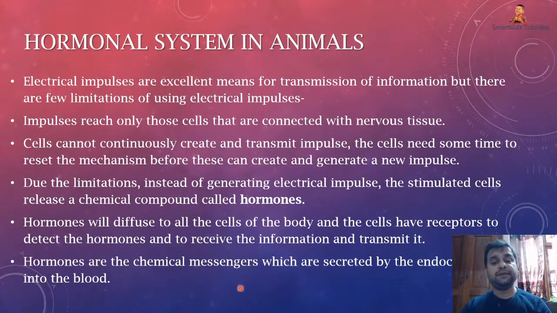So hormones are the chemical messengers which are secreted by the endocrine system into the blood. All these organs or tissues which secrete different types of hormones form what we call the endocrine system, secreting various hormones from their respective hormonal glands.